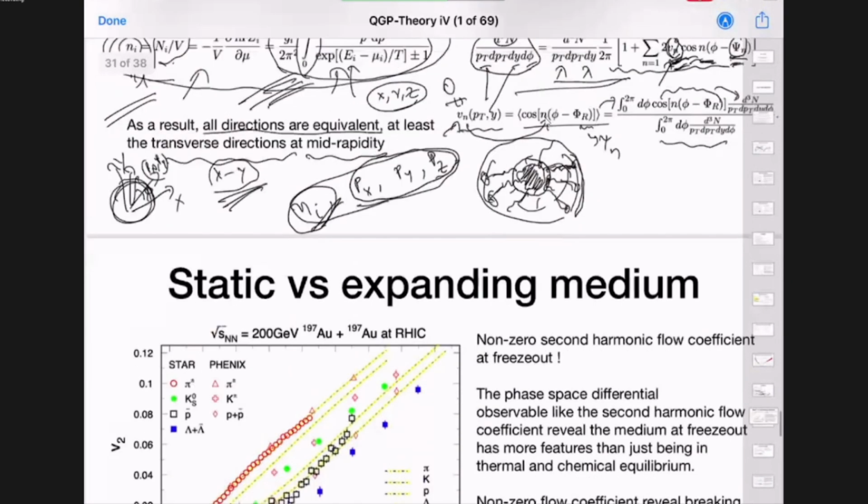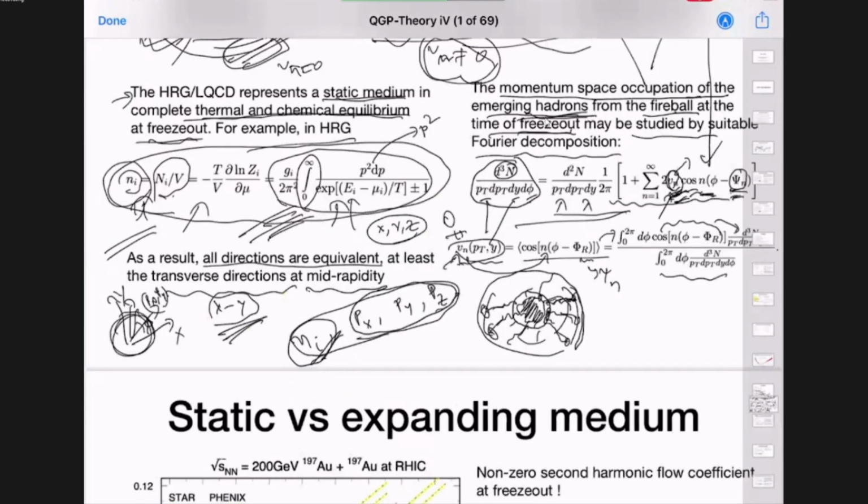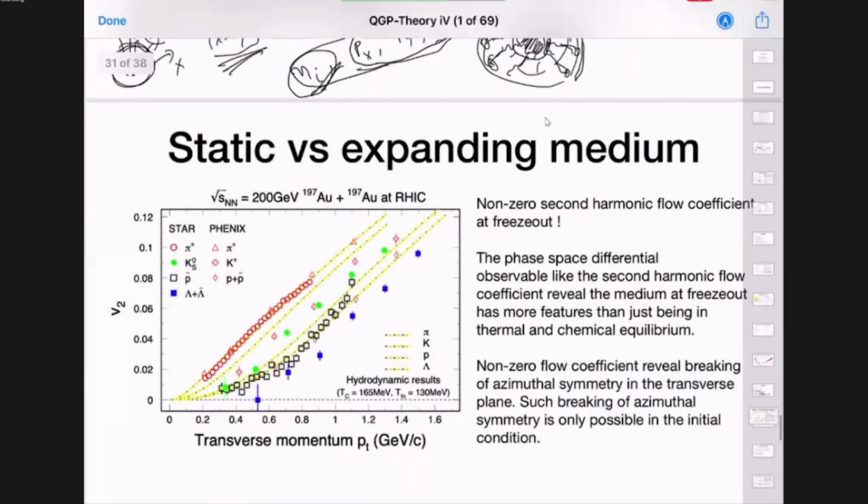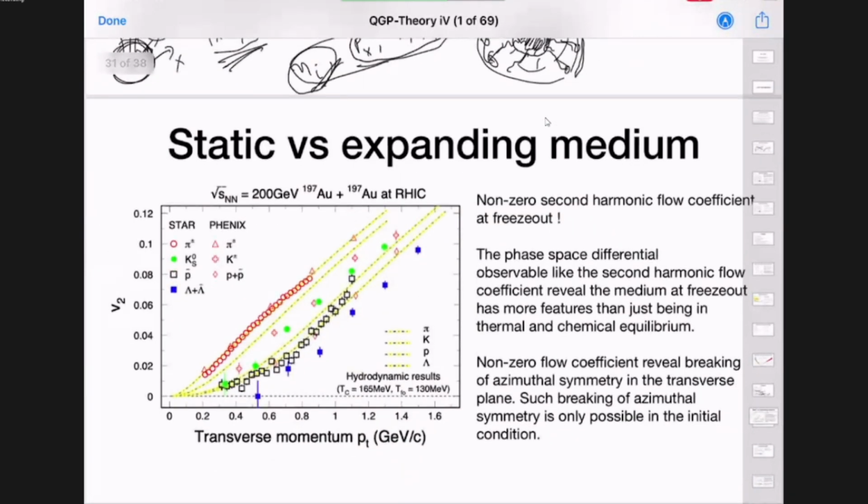So now the question is, what is Vn actually? It can be measured, and it has been measured. Here what I show is the particular value for n equal to 2, V2. This is at 200 GeV gold-gold collisions at RHIC.